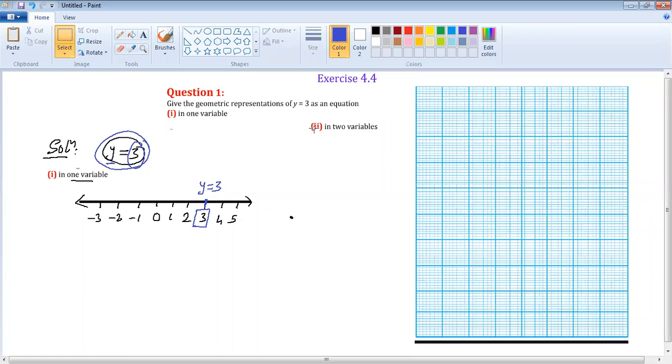Okay, now the second part is we have to represent this equation, that means again y is equal to 3, in two variables. So when we are going to represent y is equal to 3 in two variables, at that time we have to use a graph. So this vertical line is known as the y-axis, and the horizontal line is known as the x-axis.